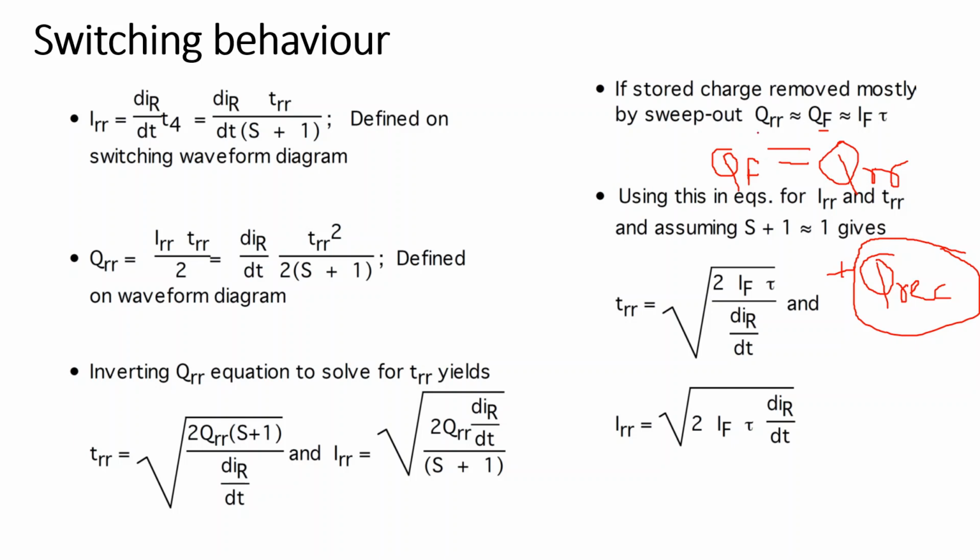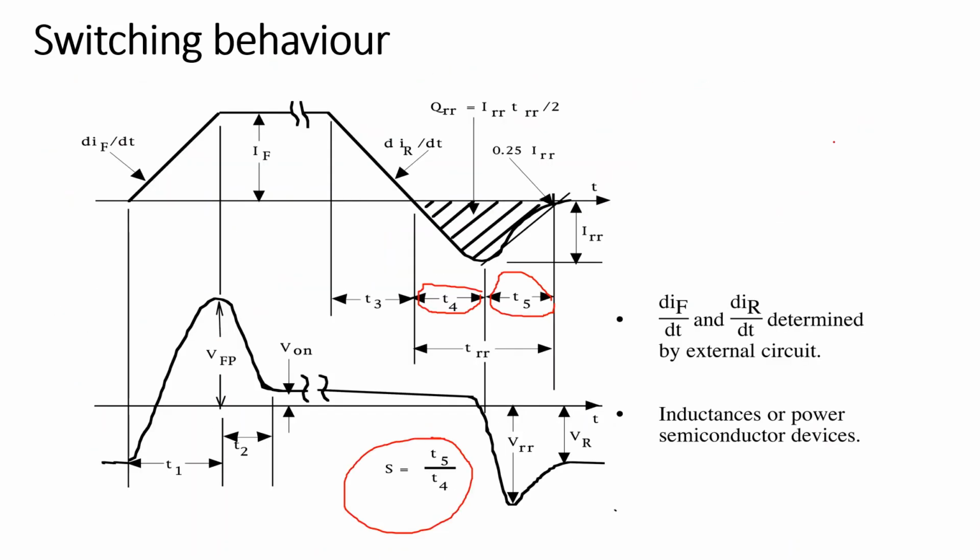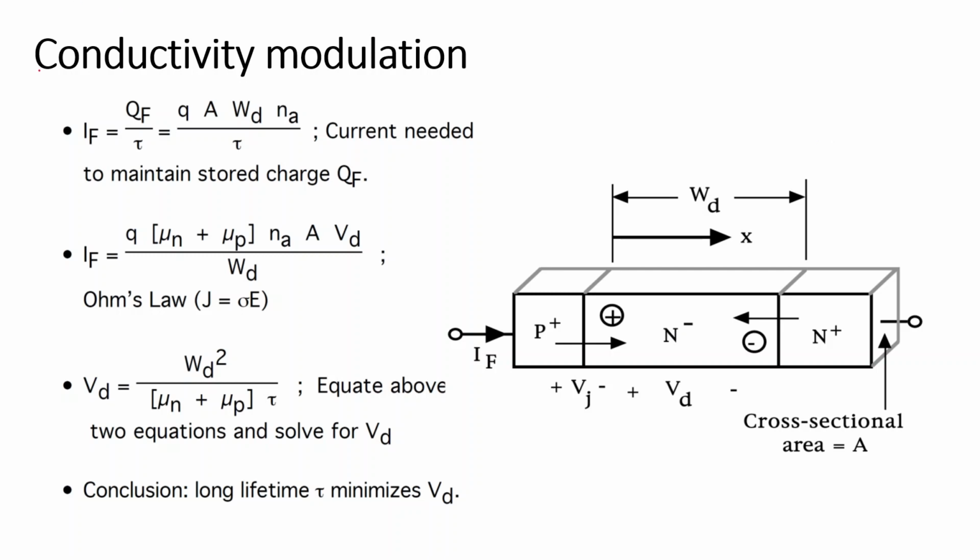So QRR is almost equal to QF. We know from previous slides that the forward current is QF by tau, so QF is IF into tau.